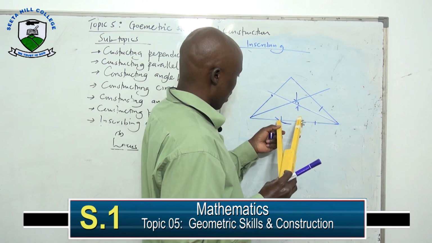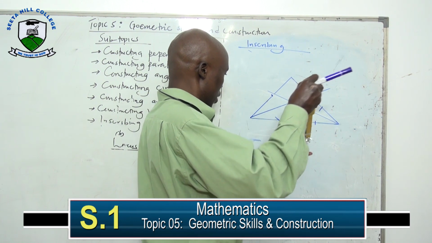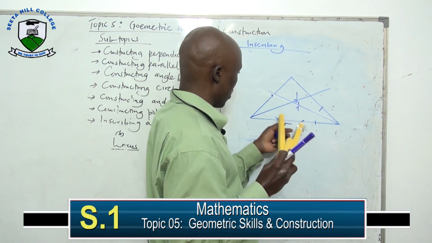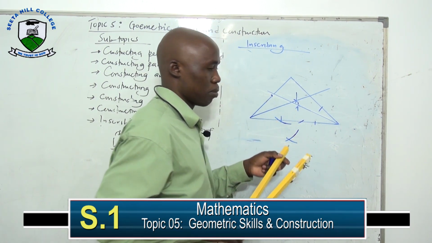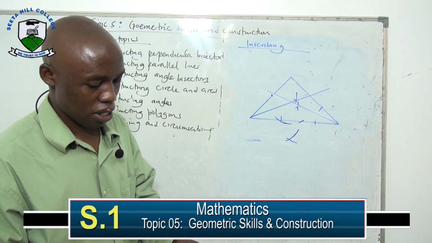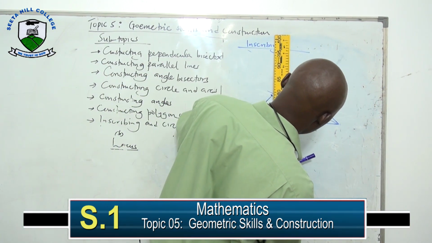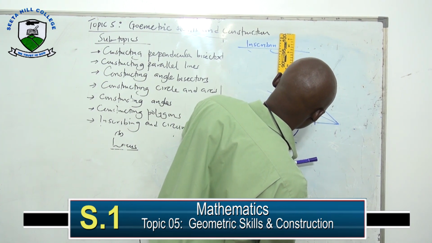Make it dotted. I hope the compass does not turn. Then here, draw a dotted radius to touch the side there.